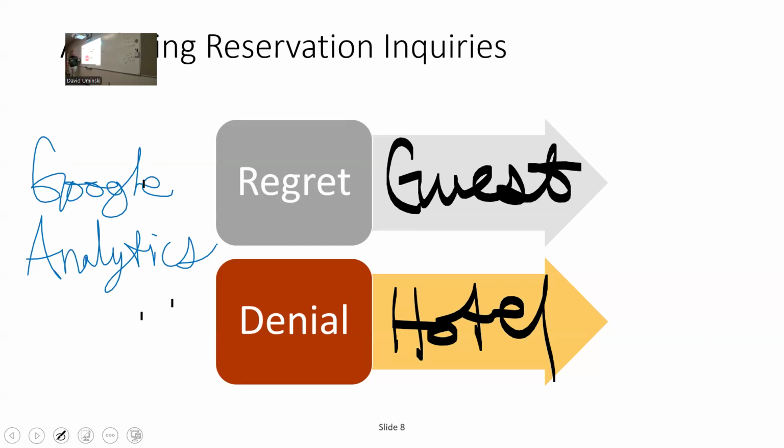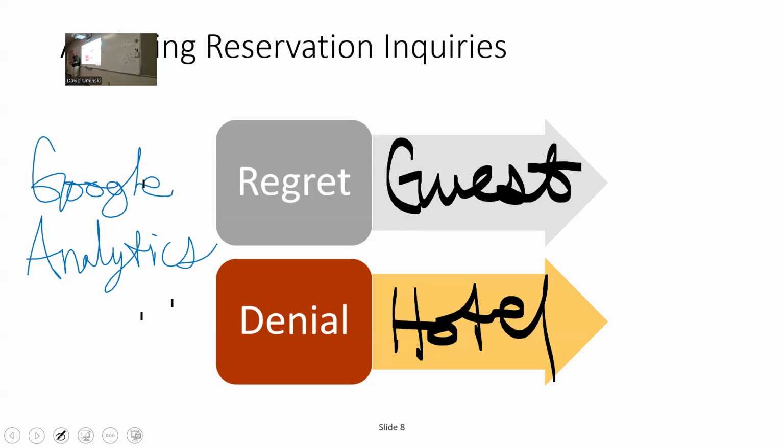The only one that I'm somewhat familiar with, not an expert in by any means, is Google Analytics. I took a class at North Texas one time. Basically, it analyzes the data from your website. It tells you where people got to your website. Did they go to Hilton.com? Or did they go to a Google search and do Hilton hotels?